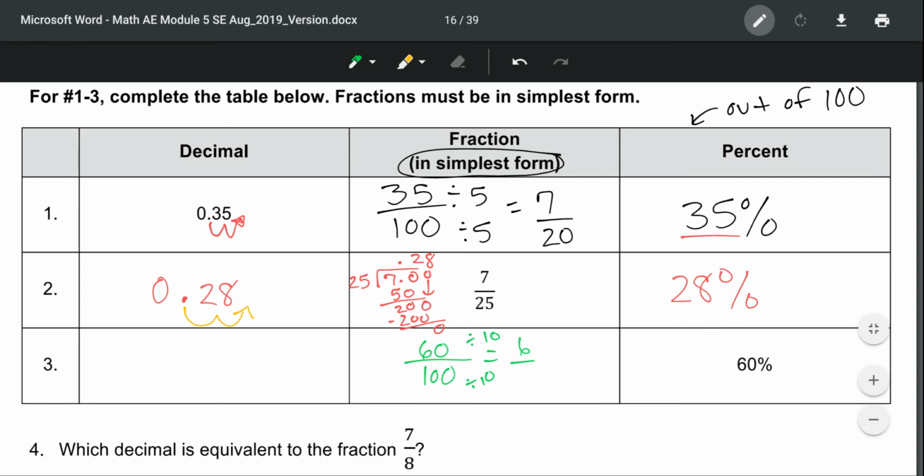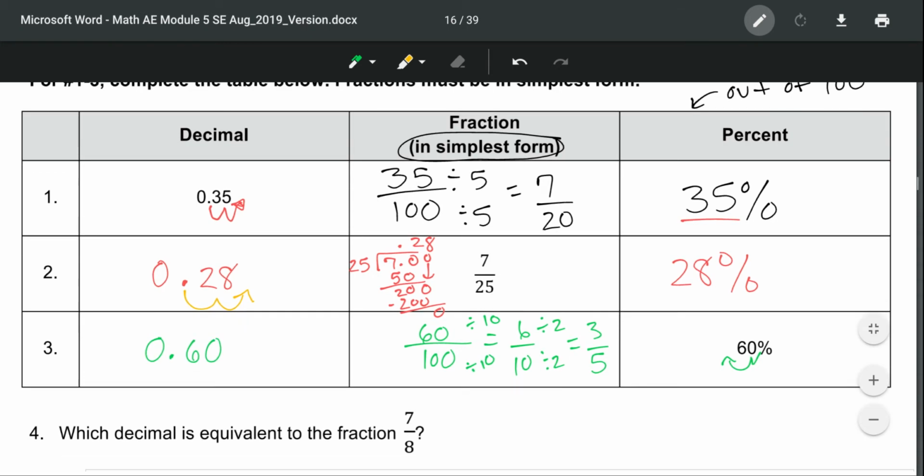And I get 6/10, and I can reduce further by dividing by 2. So I get 3/5. So 60% or 3/5. You can also convert that to a decimal by moving the decimal 2 places to the left. So it'd be 0.60. You can add 0 as a placeholder on the left of your decimal point.